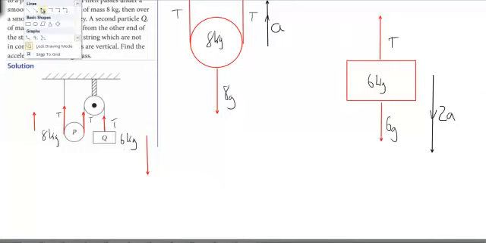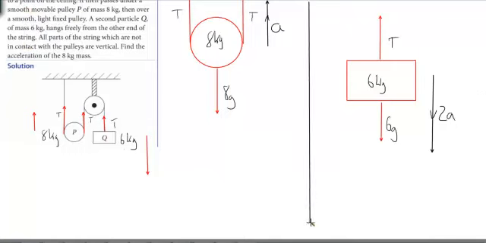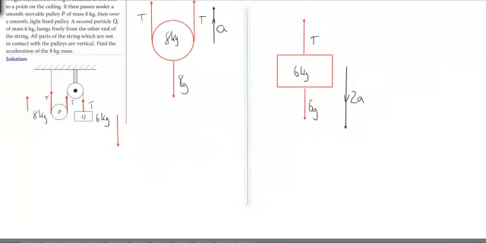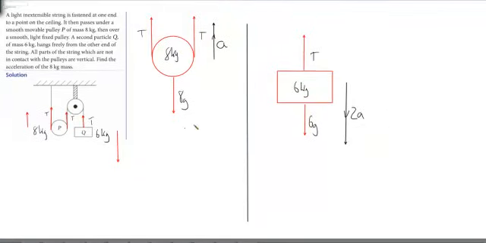So if I separate these two out so that we can see there are 2 separate equations. On this side here, we have the net force is equal to 2T minus 8G. Net force is mass times acceleration, it always is, so 8A is equal to 2T minus 8G.